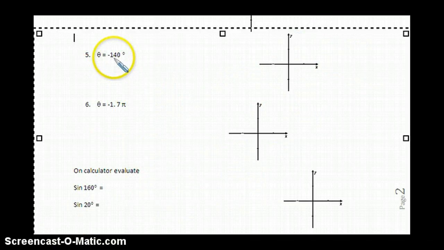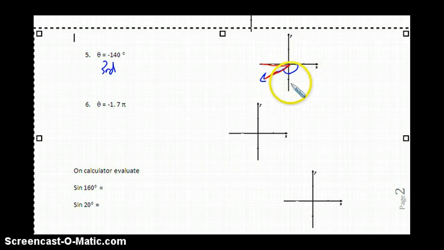Now if I'm dealing with a negative angle, if I want to draw negative 140 degrees, I'll start here and I'll go this way for negative. That'd be negative 90. To go all the way to here, that'd be negative 180. So I know I'm going to be in the third quadrant for negative 140 degrees. Now the reference angle would be going from the x-axis in the third quadrant, which would be here, over to there.